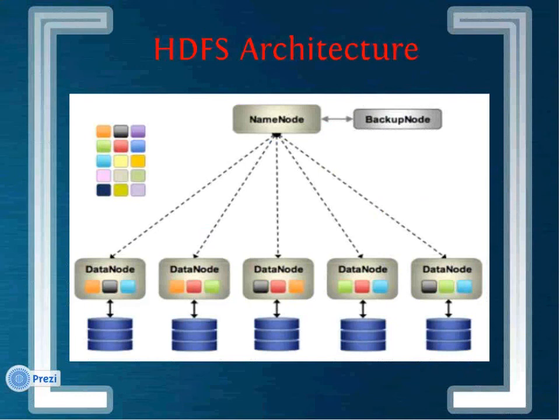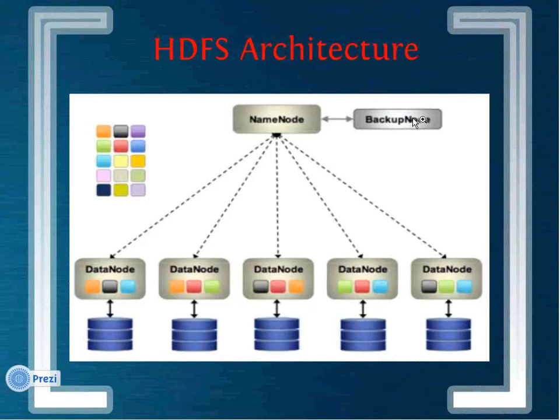So let's have a look at this diagram. Till now we were using terms like master machine and slave. But technically in Hadoop terminology, the master machine is called the name node, this one, and the slave machine is called the data node. In this diagram, we have one name node and one backup node.